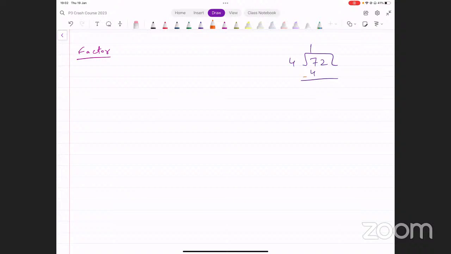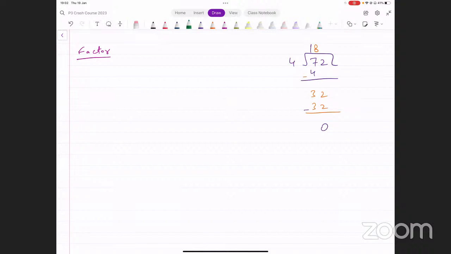And that gives you 32. Then 4 times 8 is going to give you 32. When you do the subtraction, you figure out that the remainder is 0.